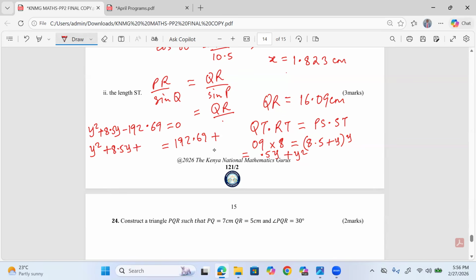Constants such that (b over 2) squared, yeah, 8.5 divided by 2, and we square. So we get 18 and 1 over 16. And also we add 18 and 1 over 16.